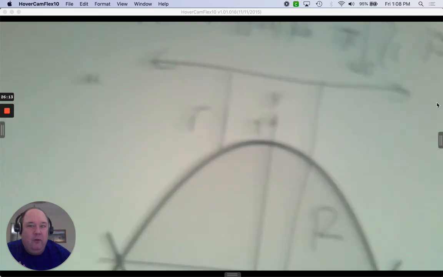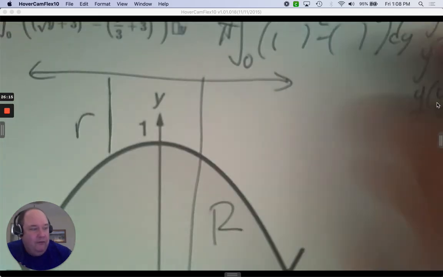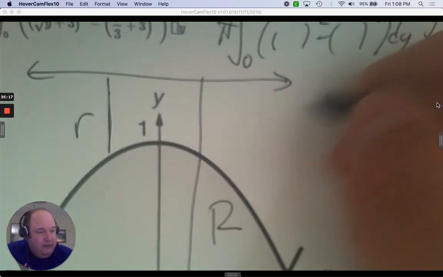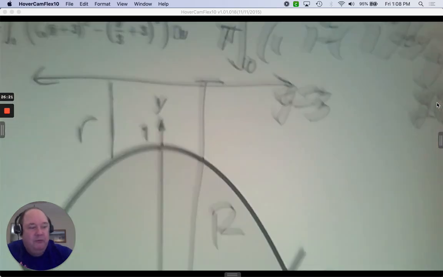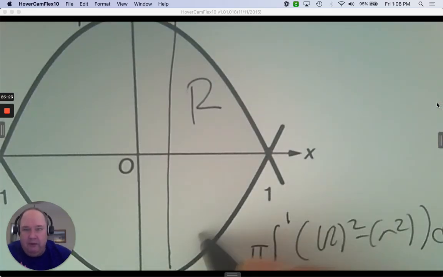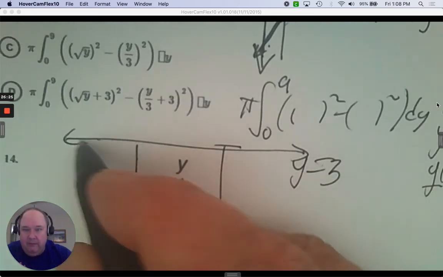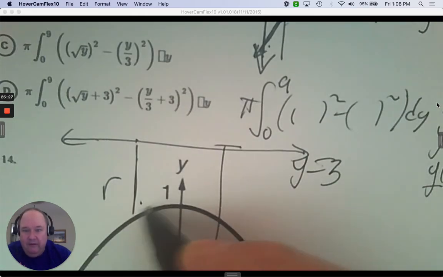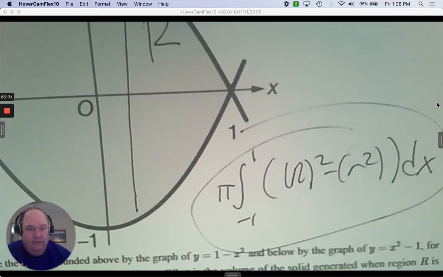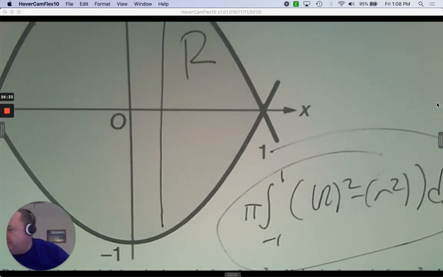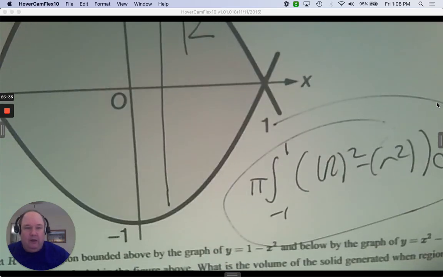And you need to know what the big radius would be. This is 3 again. So it's going to be 3 subtract, what's this at the bottom? And the small radius is going to be 3 subtract this one. Put it all together, set it up for yourself, and then get the answer. You can use a calculator to help you out if you need to.